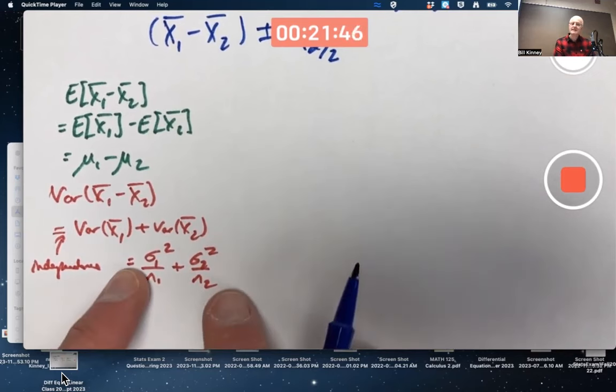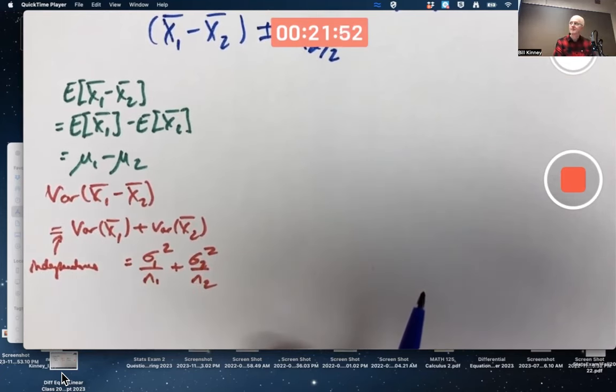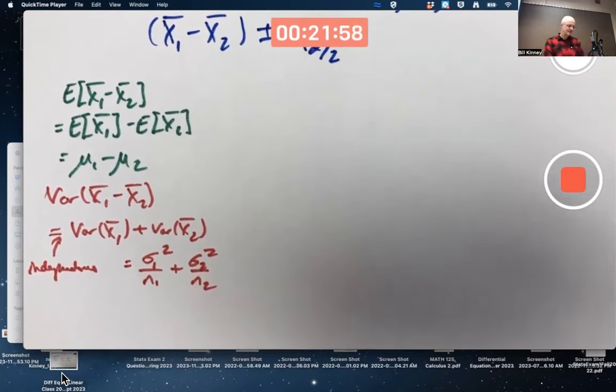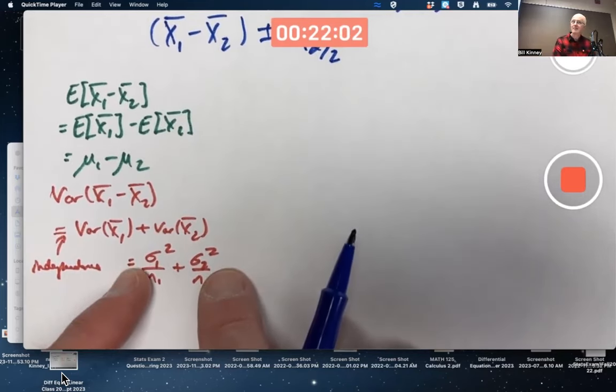I could replace sigma 1 squared with s1 squared and sigma 2 squared with s2 squared. But maybe I'll get a better estimate for things if there's no reason to assume these are different by pooling.